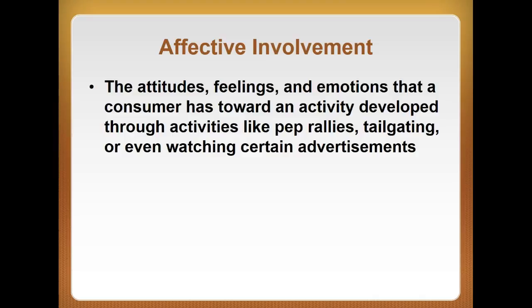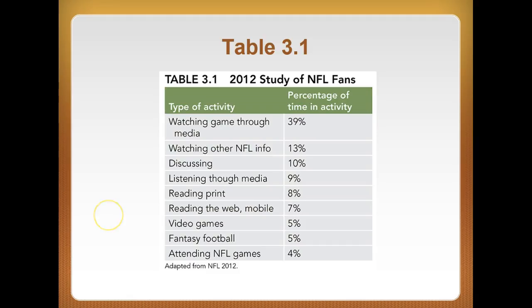They're capitalizing on this effective involvement. So you can kind of see the three different types of socializations involved in Table 3.1, which they did a 2012 study of NFL fans. They really wanted to see what percentage of time was spent the most in certain activities. As you can see very clearly here, most of the activity was actually watching the game through some sort of media.